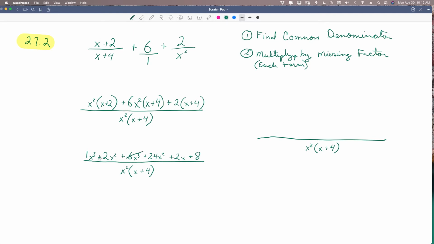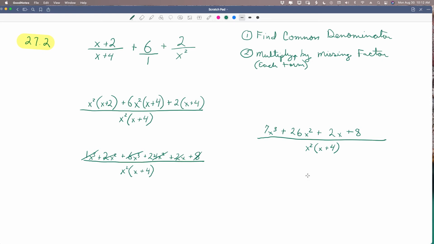So if we add those together, we get 7x cubed. And everything is positive, so I feel confident putting the plus sign here. The next thing we have is x squared. I have a 2x squared and a 24x squared. So it's going to be 26x squared is our next term. And cross those out. And then I have a 2x, and then I have an 8. And that's my last two terms.